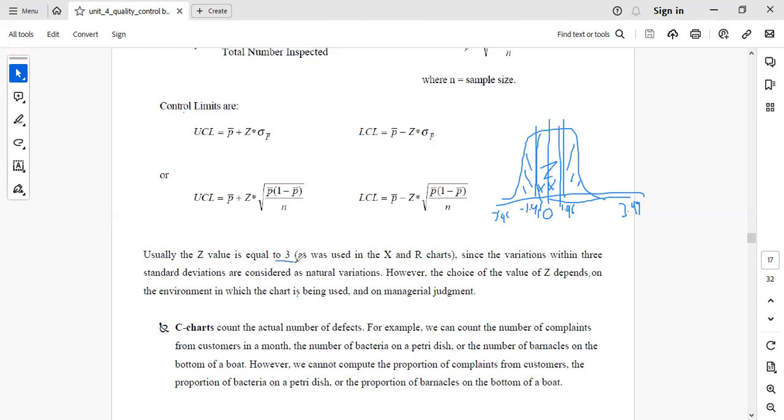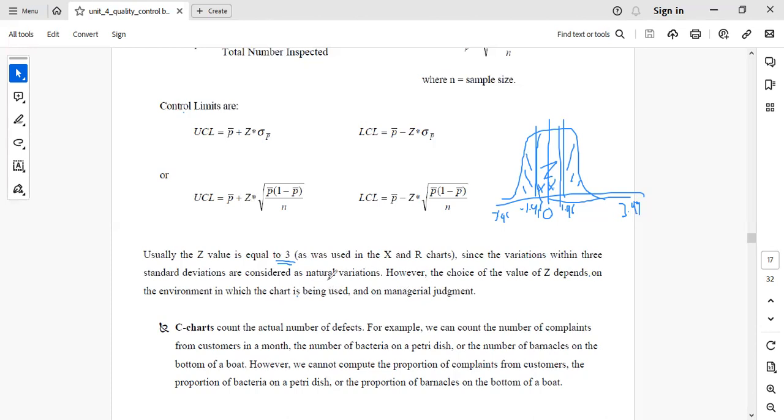The 1.5 times 2 should be the required deviation from either of the sides, and we mostly put that to 3. The variations within 3 standard deviations are considered as natural variations.